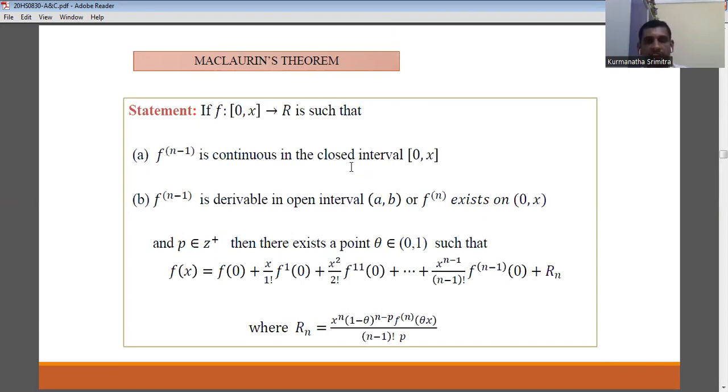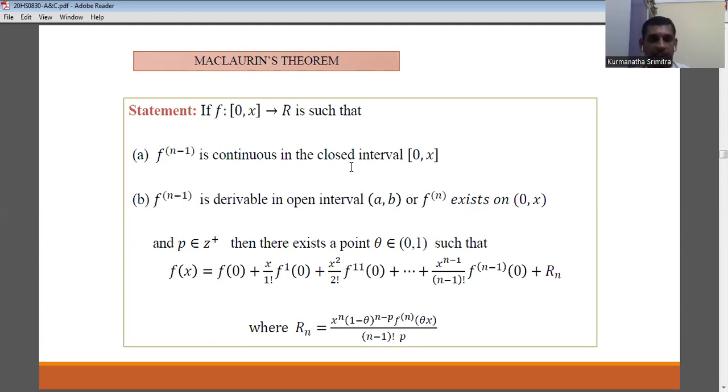It is like Taylor's theorem, because here the function f maps [0, x] to R, that is the domain is [0, x] and the codomain is R. In Taylor's theorem, [a, b] is the domain, and here in the place of a it is 0, and in the place of b it is x.